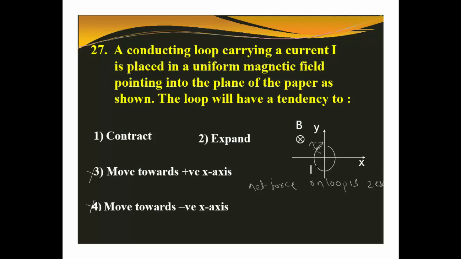If you take the forefinger as the magnetic field inward and the middle finger as the current, the force will be like this. So the force acts on the loop everywhere outward, and then you can say that the loop will expand.